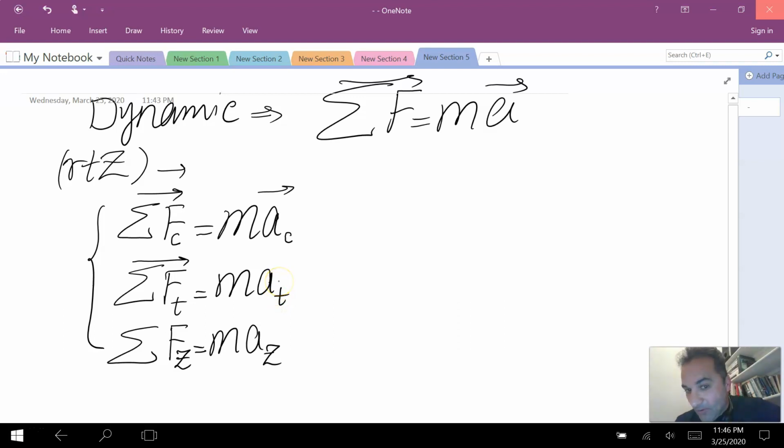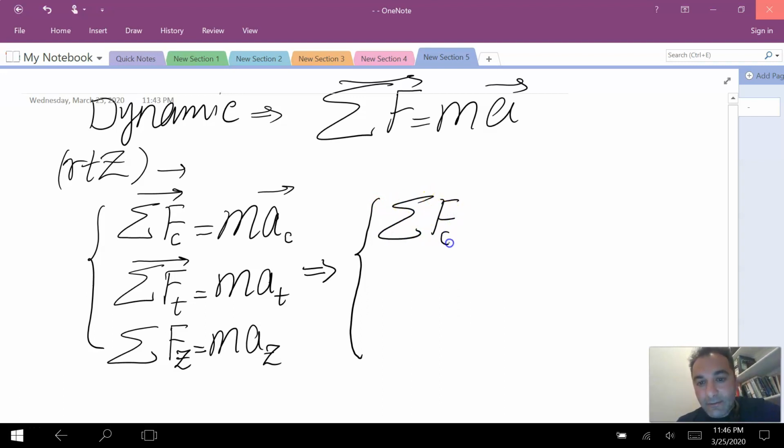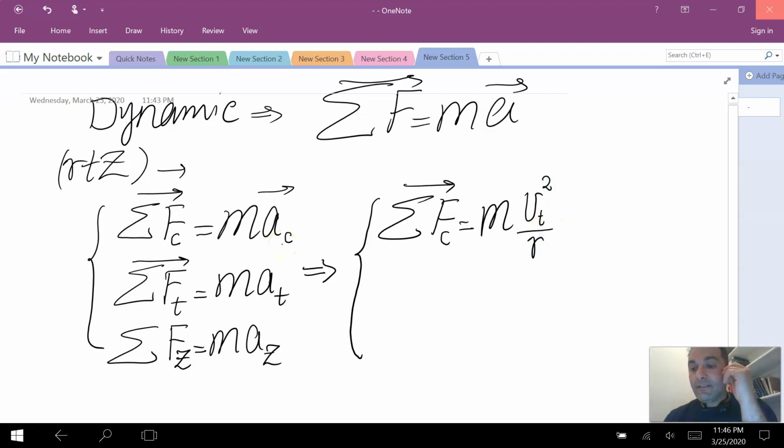If the object rotates with constant velocity, a_T is 0, okay? Therefore, this is the dynamics of circular motion. Total forces on the radial axis or central axis is equal to m v_t squared divided by r, because we know centripetal acceleration is tangent velocity to the power of 2 divided by radius, correct?